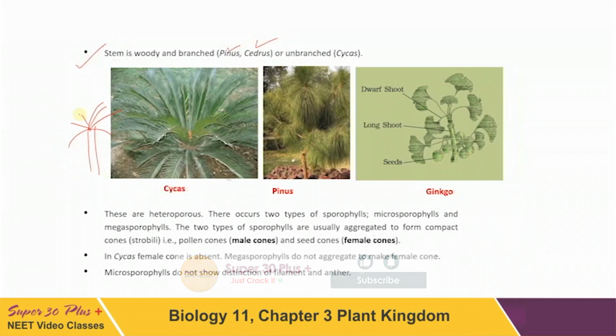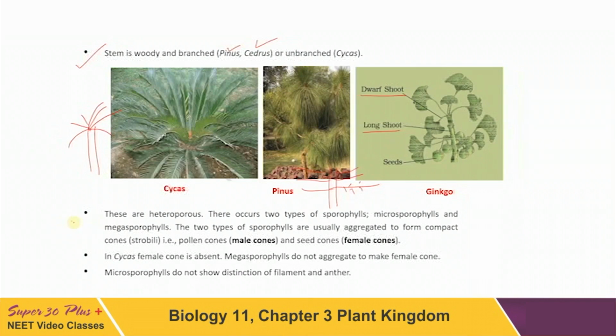While in case of Pinus, the stem is very much branched. That is main stem. These are the branches here. Branches of long length, and the branches of small length, dwarf shoots these are. In case of ginkgo also you can see this is the long shoot and these are the dwarf shoots. The stem is very much branched.